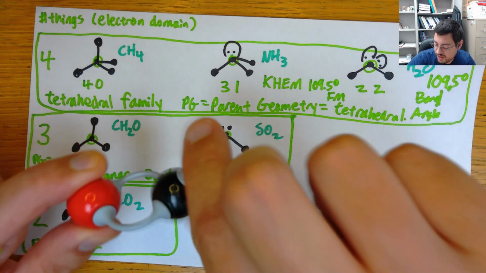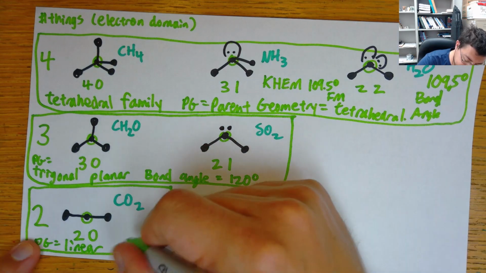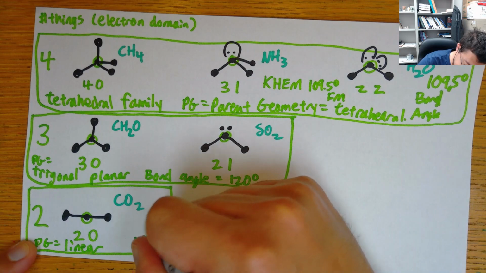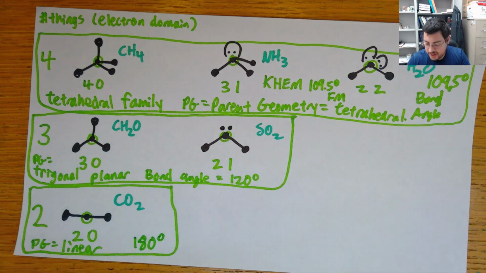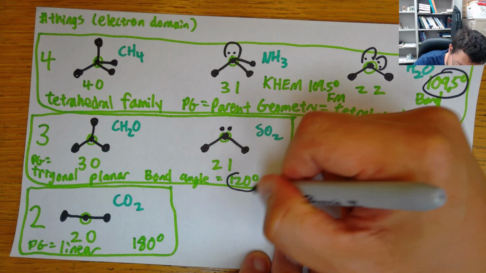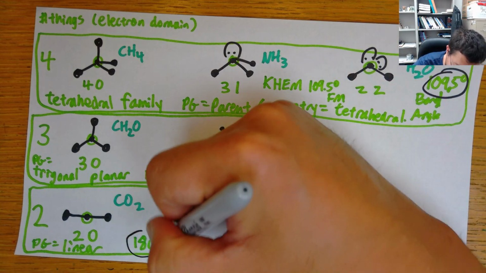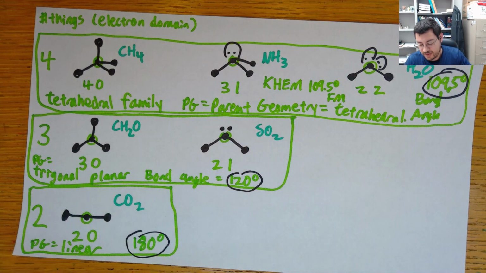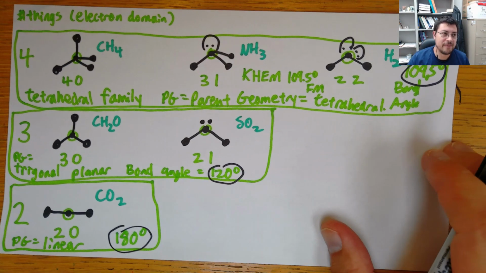So we have a 180 degree angle. If you're keeping inventory of angles today, we had three possible angles: 109.5, 120, 180. Cool. Hopefully y'all are with me so far.